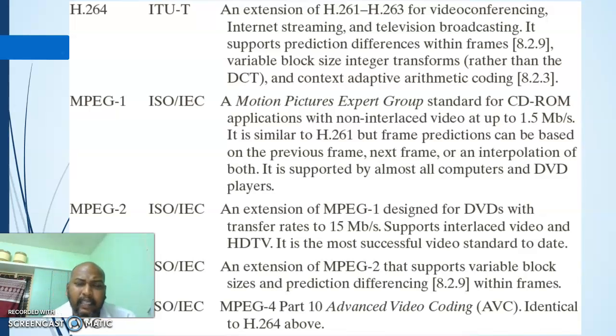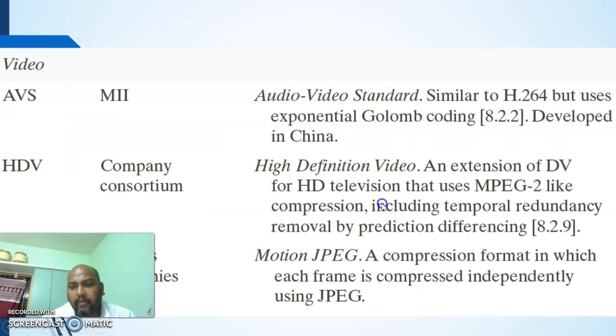The MPEG series is almost focused on storing purposes, whereas others are for transmission purposes. The various stages are MPEG-1, MPEG-2, MPEG-4, and AVC codec, and all of these are similar to the H.26x series.